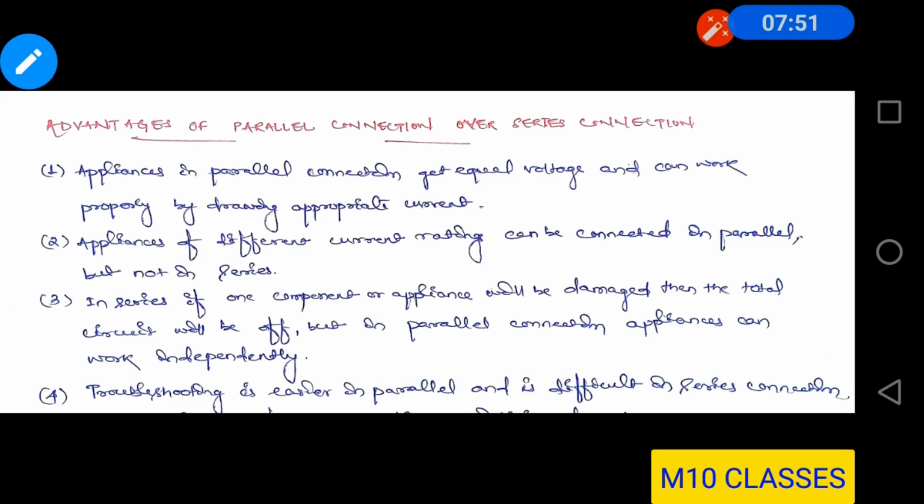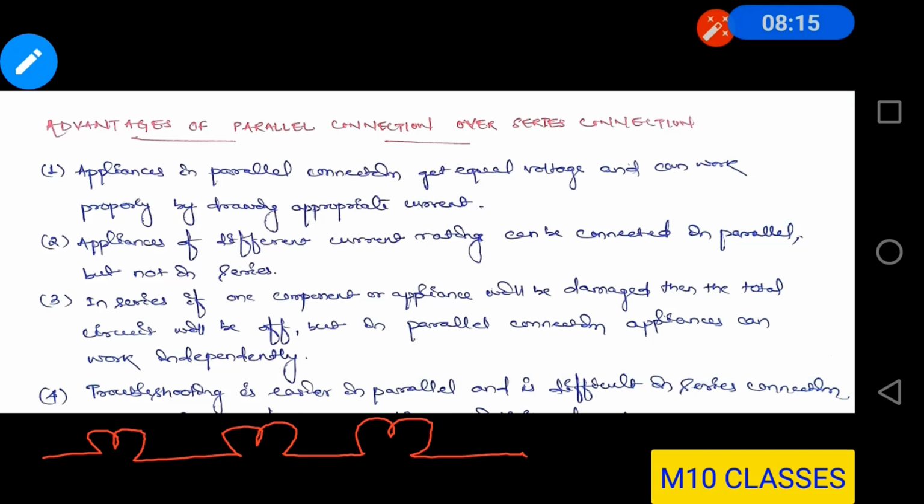Now you see the fancy lights that contain LED bulbs in series, and they are very long also. They are used to decorate homes during occasions. Consider these electric bulbs. There are a number of bulbs, let's say 50 or 100 like this. As I have told you, in series connection, if one component is damaged, the total circuit will be off.